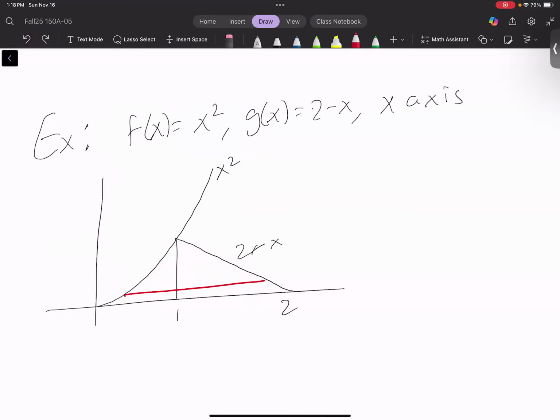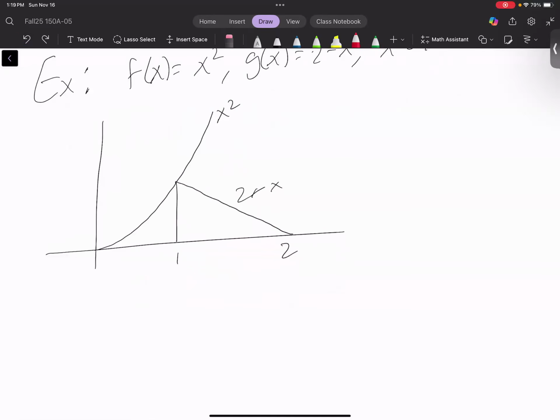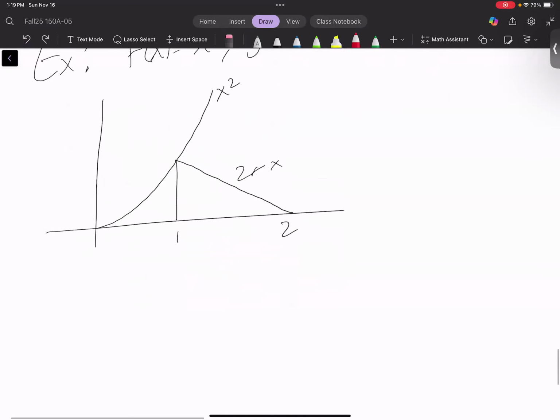Just like with respect to x, if you have just one top and bottom function, that's just one integral, right? You do top minus bottom. Here we do right minus left. Now the problem is these functions are not with respect to y. The variable is x. So we have y equals x squared and we have y equals 2 minus x. So for both of these, we need to solve for x.